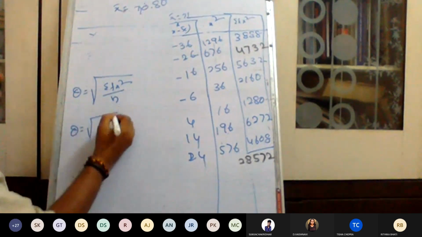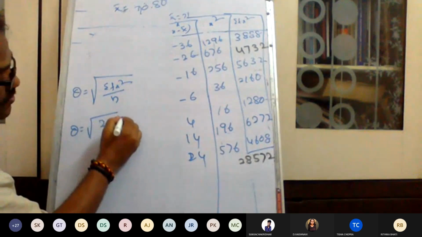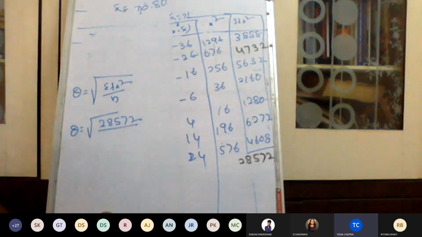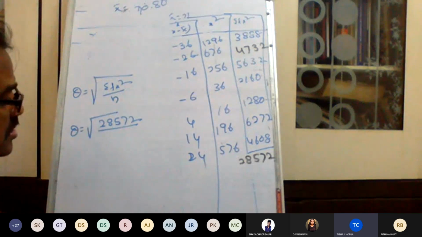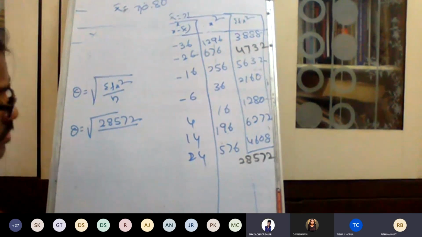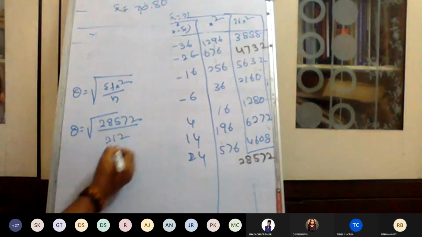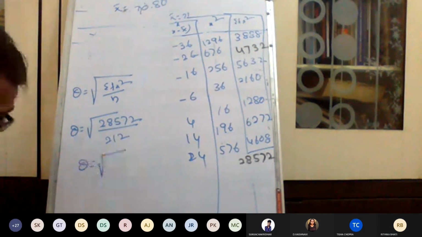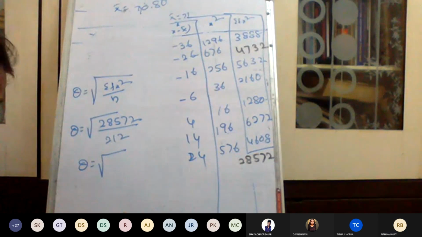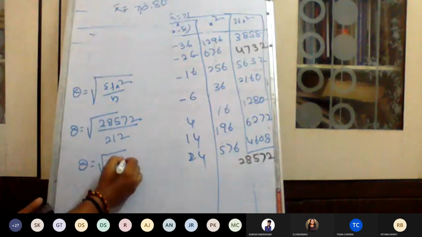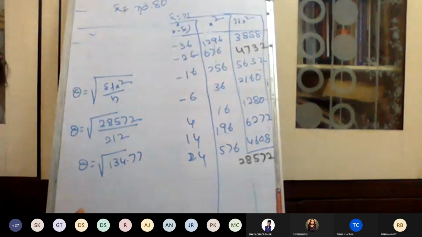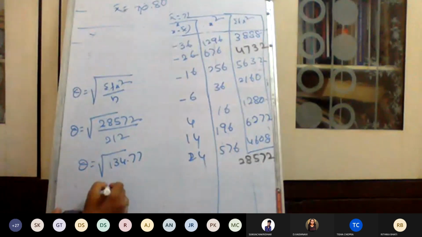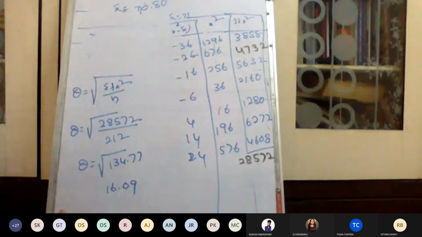So standard deviation is equal to root of 238,572 divided by, what is the n value? 212. So 238,572 divided by 212 is 134.77. So root of 134.77 is equal to 16.09.